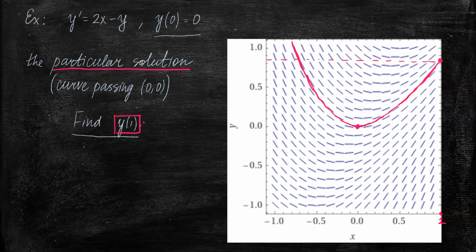So in this case, without doing much work, I can estimate this value as 0.85. Again, this is just going to be an estimate, but notice how we provided this estimate with nothing but the slope field. So this is what slope fields are, and this is how we can use them.